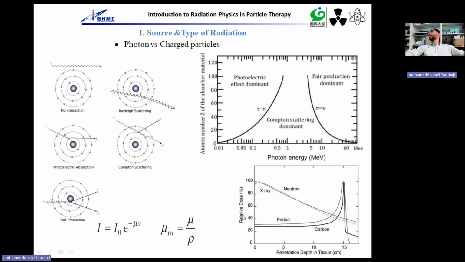Whereas the photon does not interact frequently with matter, charged particles like carbon and protons, once they start interacting with matter, start to lose energy. They continuously interact along the whole path, keep interacting until they lose all their energy.